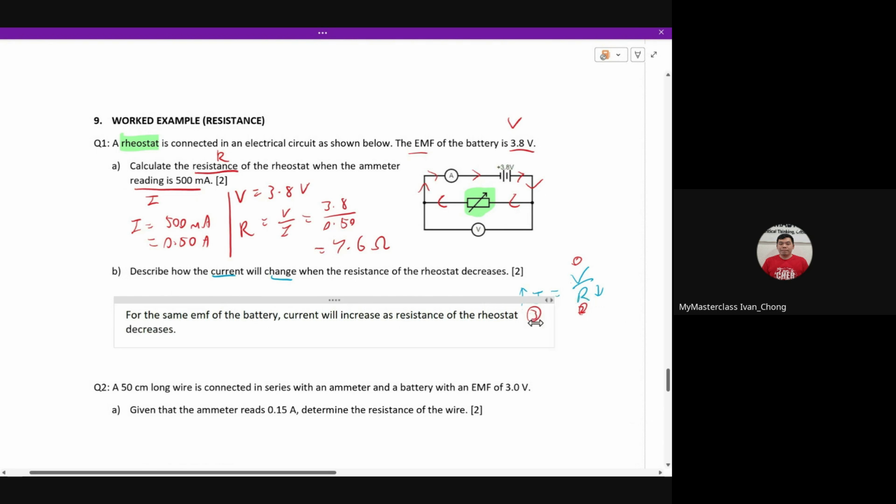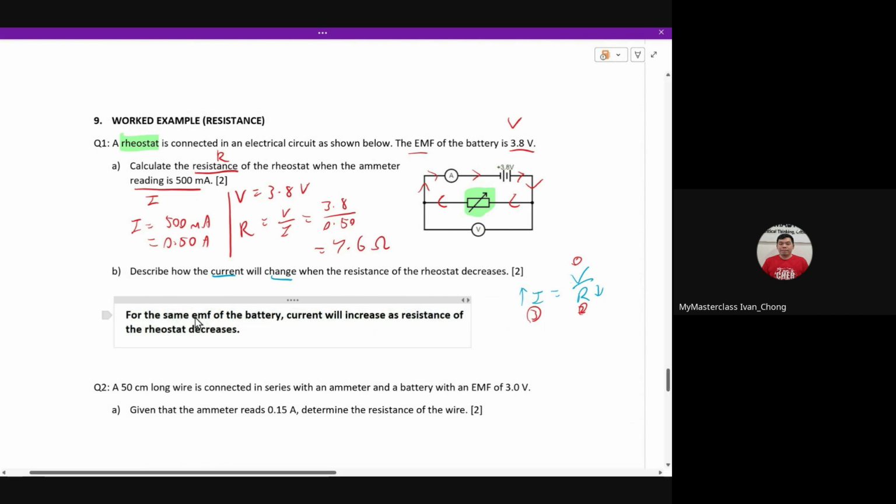Because there are many different resistances. It can be the resistance of the whole circuit, or the resistance of whatever components you have. In later parts, when you are doing your electricity questions, you will realize there are a lot of resistances. It can be R1, R2, R3, or total R. So we need to be a little bit more specific.